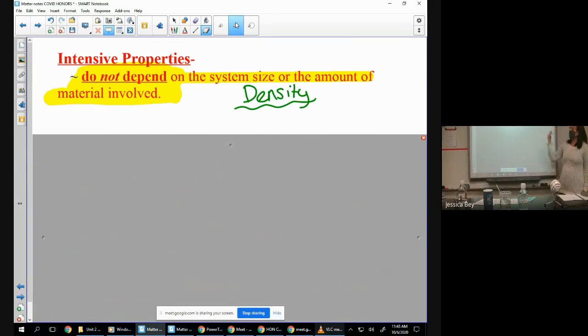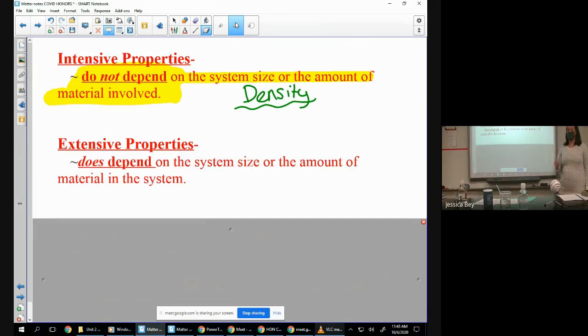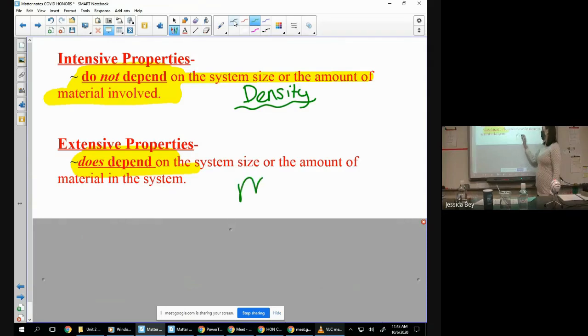The opposite of an intensive property is an extensive property, and that means it does depend on how much you have. A good example of that would be mass.